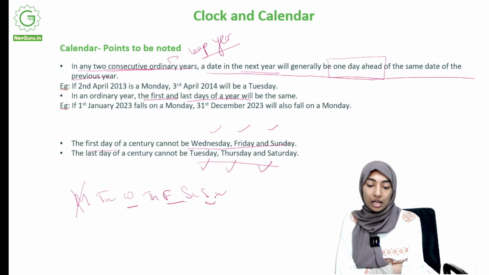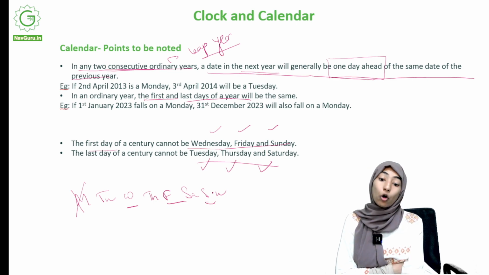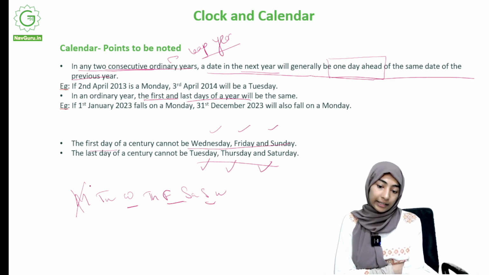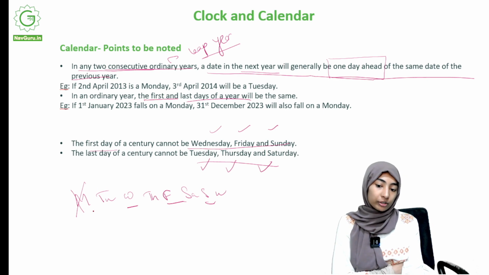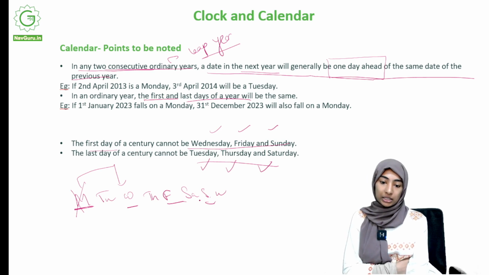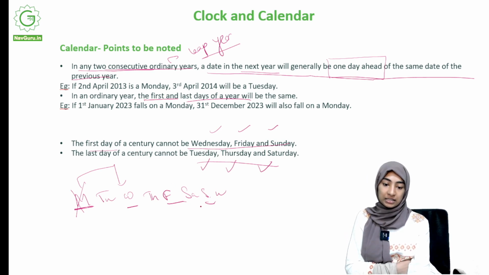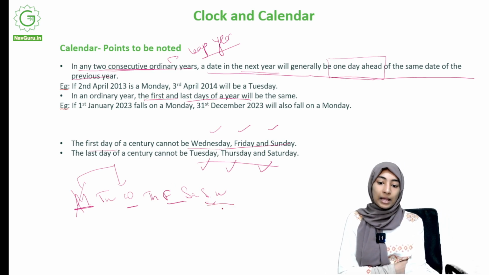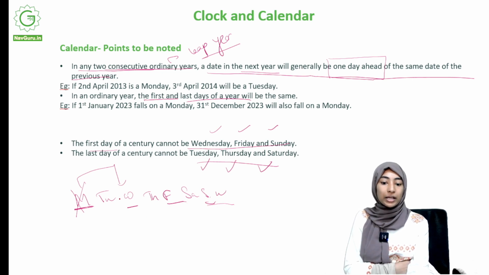Wednesday, Friday, Sunday. So for the first day, you take the alternate day. Okay, you start from the alternate. So you do not start from M, start from what is alternate to M, W, and then go to the alternates. Okay, Wednesday, Friday, Sunday. And for the last day, you take the other three alternative values, Tuesday, Thursday, Saturday.